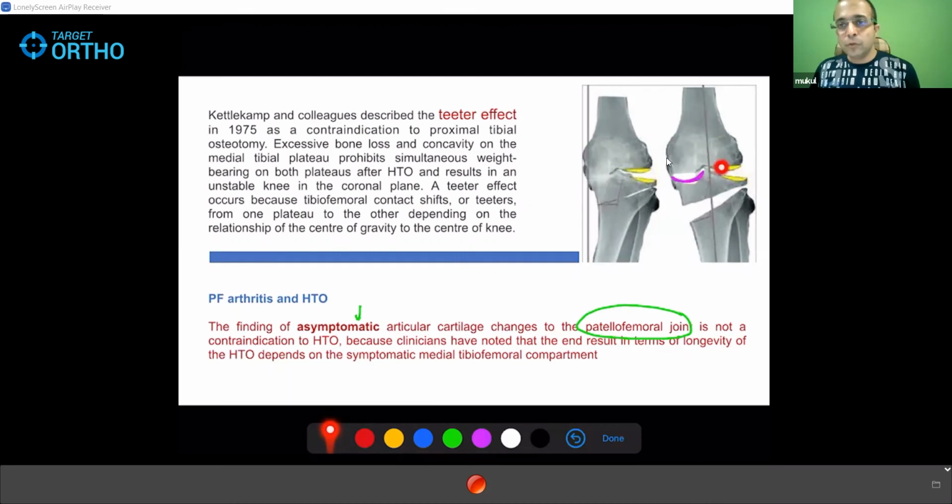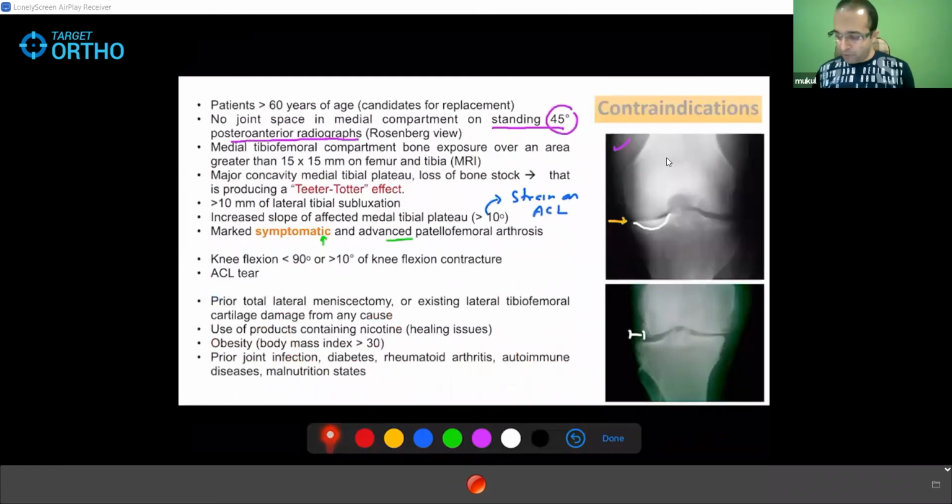Sometimes the knee dips on this plateau as you walk, and then when you step further, the knee dips on the other plateau also. So when you walk, the knee dips into both plateaus one by one, and this is what creates the teeter-totter effect. So when you are expecting a teeter-totter effect, because there is a concavity on the medial tibial plateau, avoid doing a high tibial osteotomy. Clear, Anuj? What is the teeter-totter effect? Yeah.